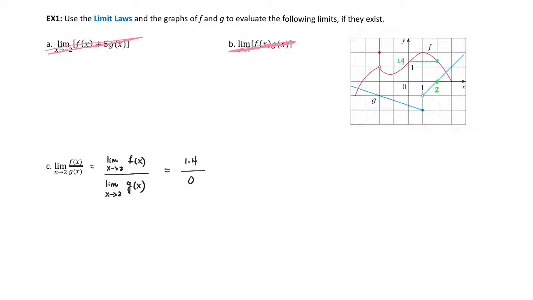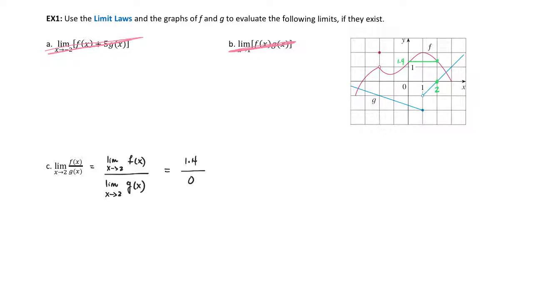However, as we did in part B, just because I cannot apply the property, it doesn't mean that the limit doesn't exist. What this is telling me is that because I got 0 in the denominator for the limit of the g function, the property cannot be used to make any further conclusions.